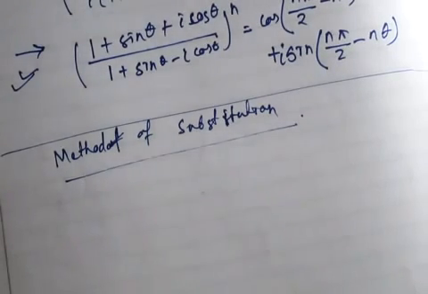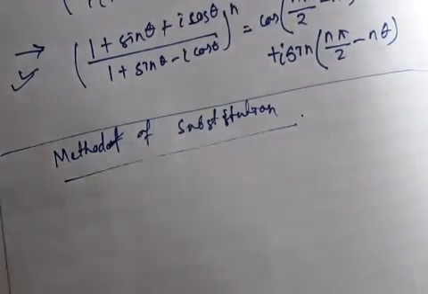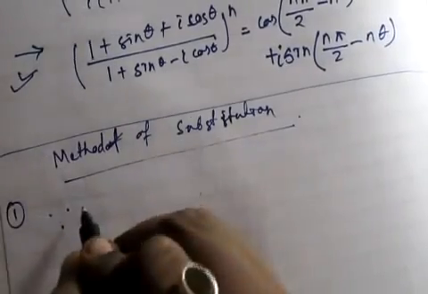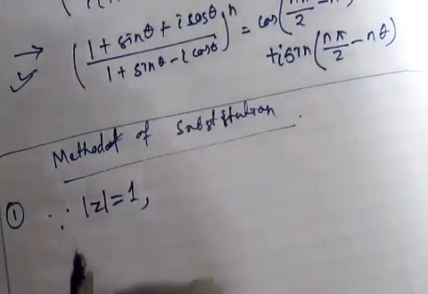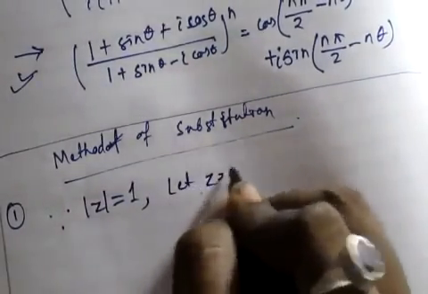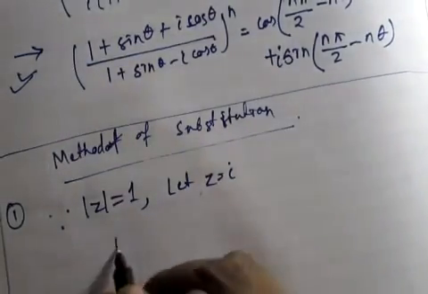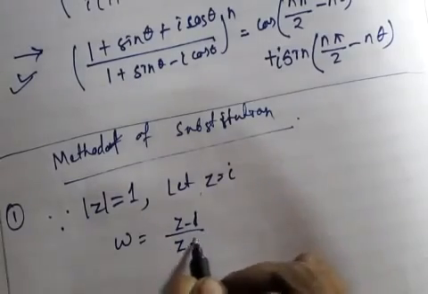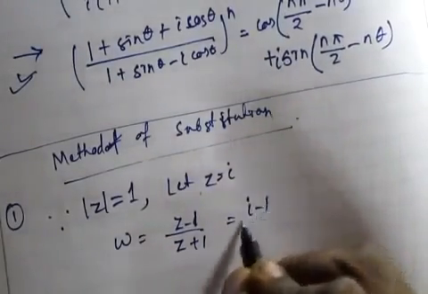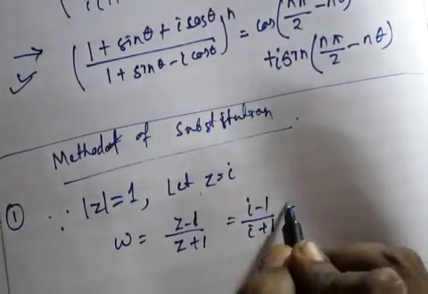The question is: if |z| = 1, then ω = (z − 1)/(z + 1), where z is not equal to −1, then the real part of ω is. Because |z| = 1, we can assume z = i. Then ω = (z − 1)/(z + 1) = (i − 1)/(i + 1), which you can solve to be −i.